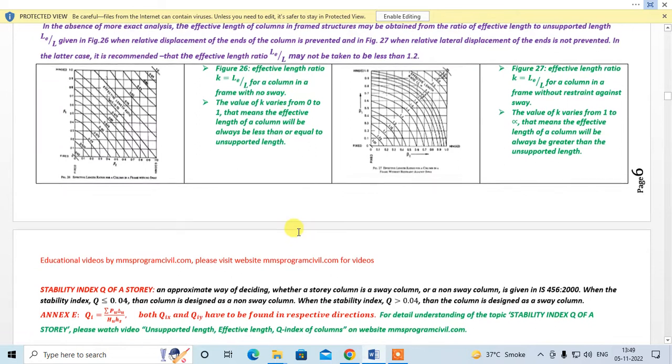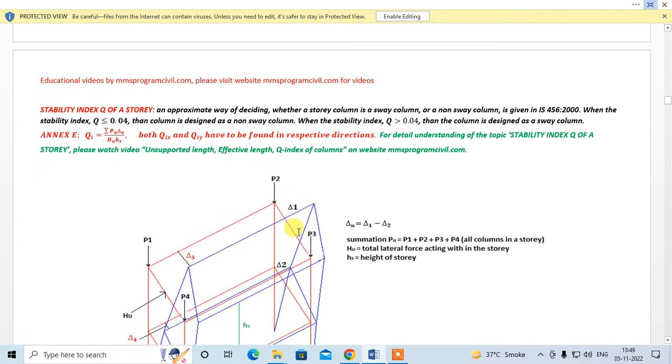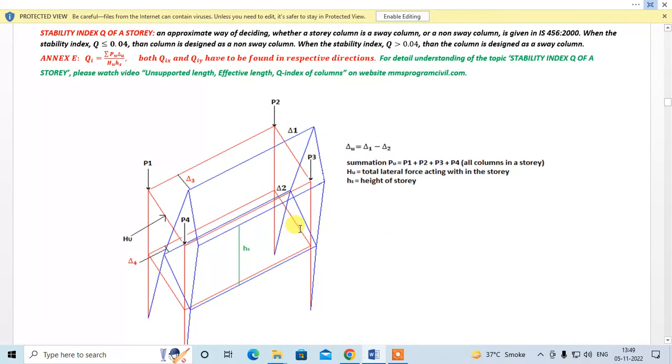Fine. So now a question comes to our mind: how to decide whether the column in a story is a sway column or a no sway column? The code has given a very easy method, that is the stability index Q of a story. An approximate way of deciding whether a story column is a sway column or a non-sway column is given in IS 456 2000.